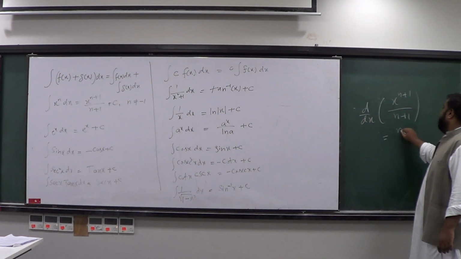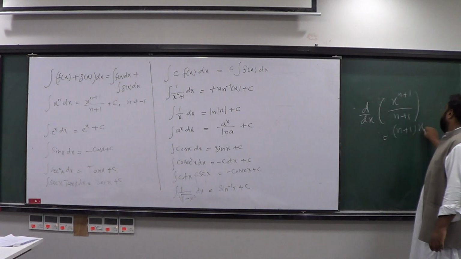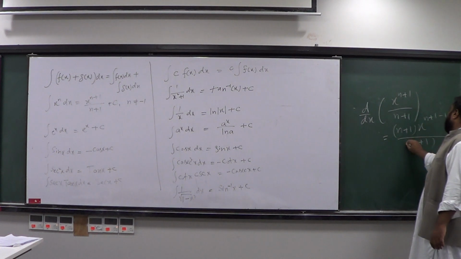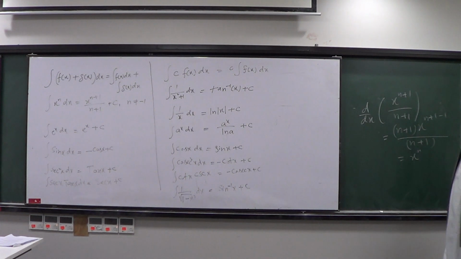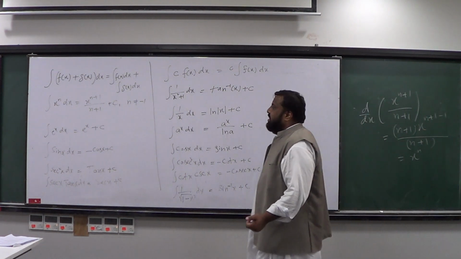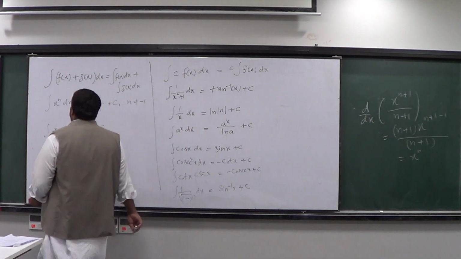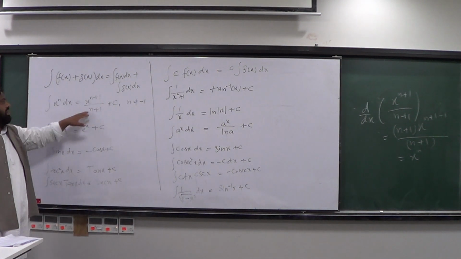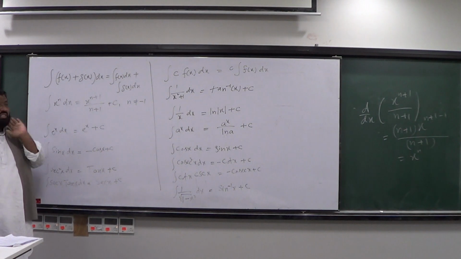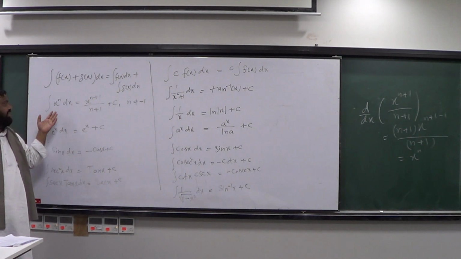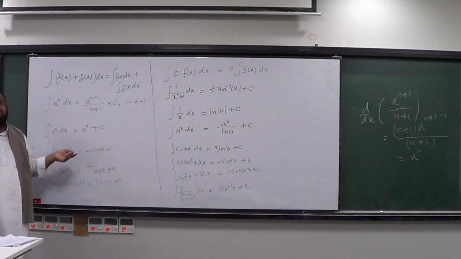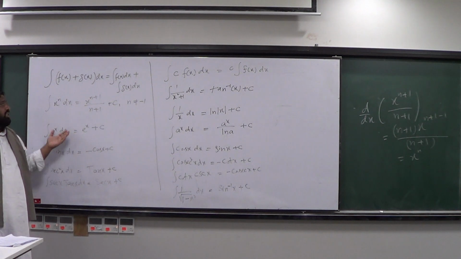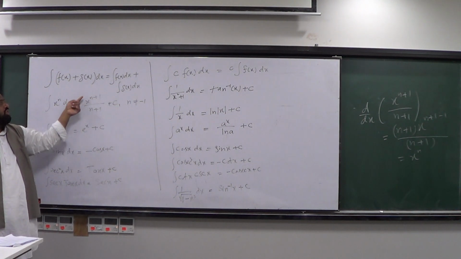If you differentiate it, you get n plus 1 times x to the power n plus 1 minus 1, everything divided by n plus 1, and you recover x to the power n. Usually the kids during their calculus just memorize this. They don't have a justification in their head for why the integral of x to the power n is x to the power n plus 1 over n plus 1. It is just because this is the function to which if you differentiate you get x to the power n.